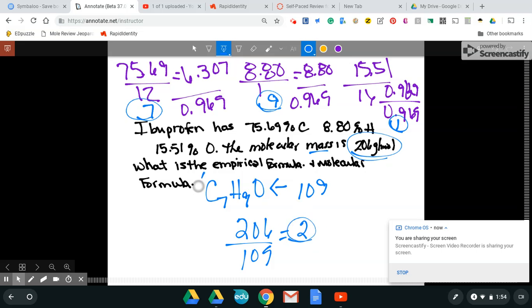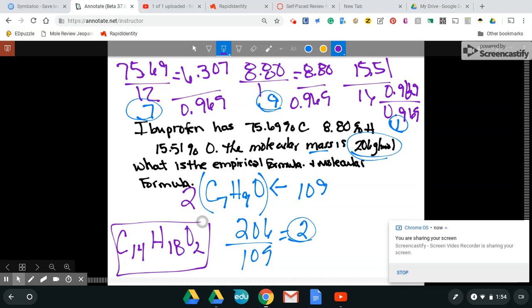So I'm going to take this formula here, and I'm going to multiply by that coefficient of 2. So it's going to be C14H18O2. Okay? So this here is the empirical formula. This is the molecular formula. You cannot get a molecular formula without the empirical formula.